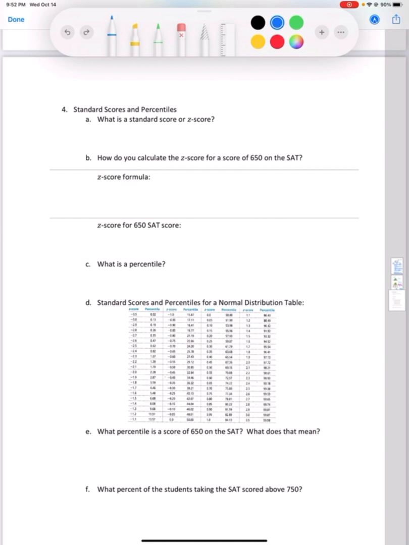A more concise definition is the number of standard deviations a data value lies above or below the mean.